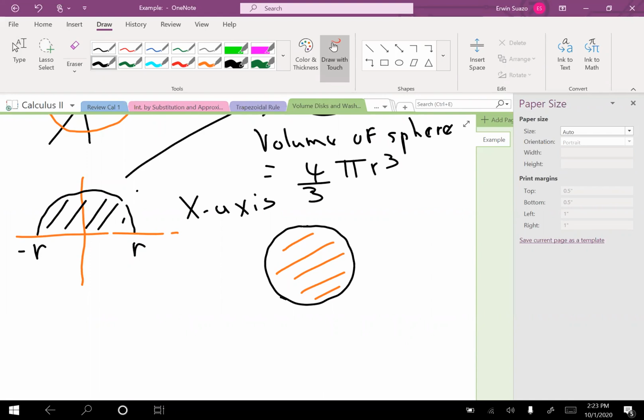So I need the function. I need this function. Does somebody remember the equation of that function?